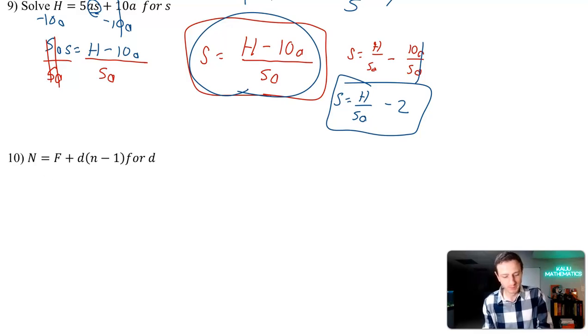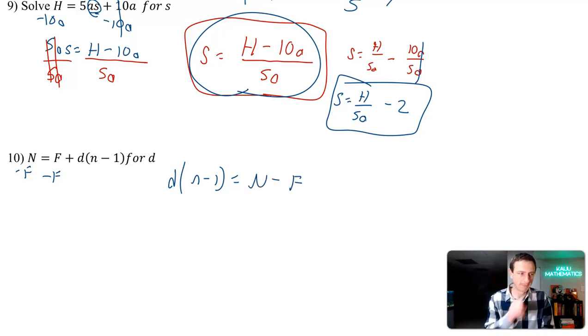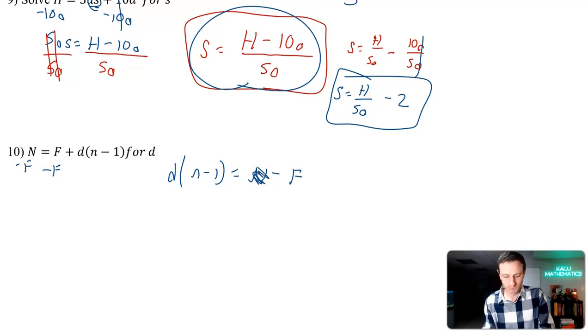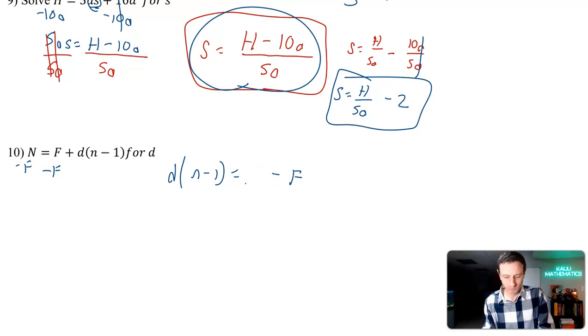I'm left with D times N minus 1 is equal to N minus F. Now I have the multiplication of D times N minus 1. Don't think too much into this. Don't think, oh, I have to distribute because I see the distributive property there. That's always a knee-jerk reaction.